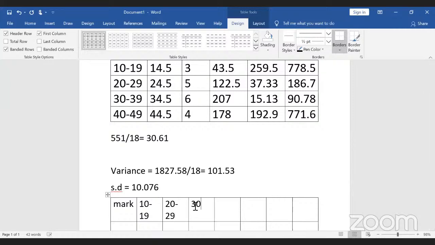We have 30 to 39. And we have, let's say, 40 to 49. 50 to 59. Then 60 to 69. Then we maybe have the last one, let's say 70 through 79.